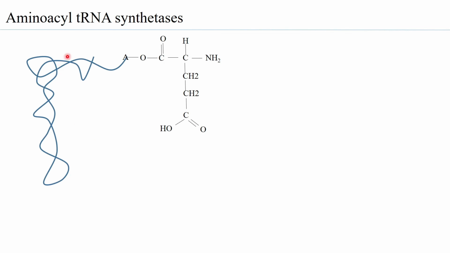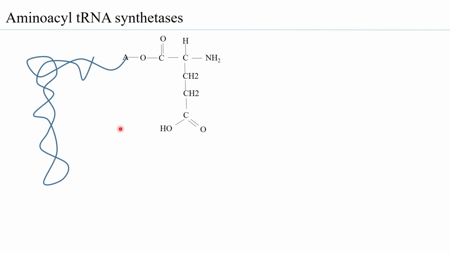Now, this tRNA is specifically glutamyl tRNA, which means that it can bind to its cognate amino acid, which is glutamate. As you can see here, glutamate has two methylene groups with a side chain, which is the carboxyl group. So it has two carboxyl groups, that's why it's glutamic acid.